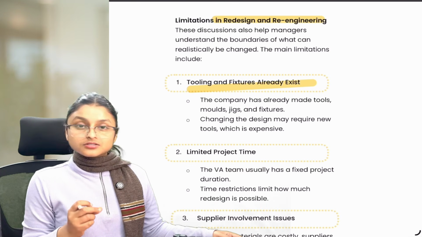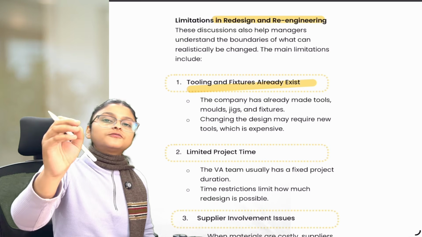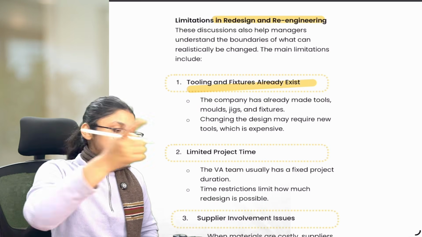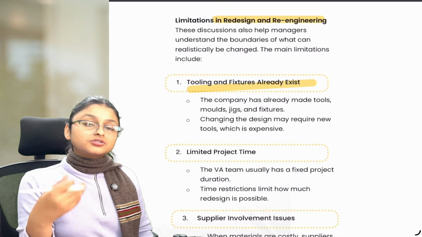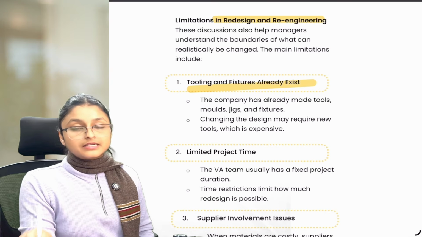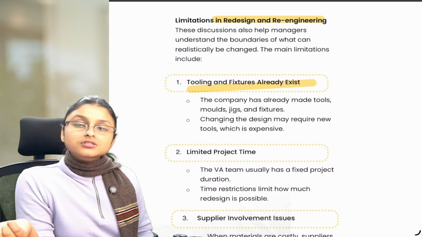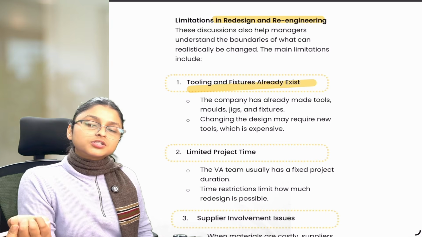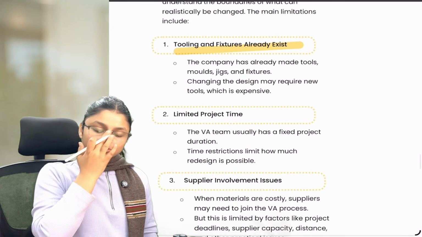I have to change the mold, and I have already incurred lakhs of rupees on making 1000 molds like this. So I have already incurred a lot of cost. Now I'm not able to redesign the product, because if I redesign the product, we'll need the molds again, and we are not able to incur that cost because it will be a huge amount. That is the issue with tools and fixtures.